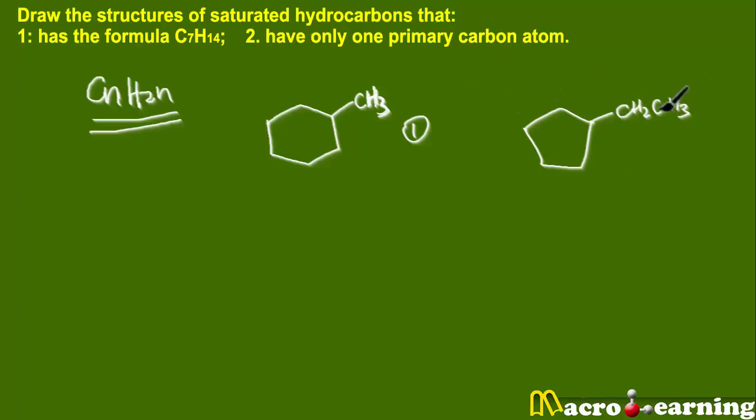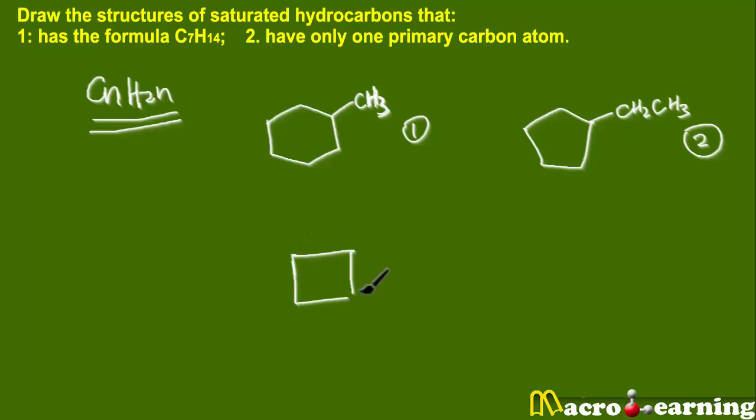This is the only way to ensure you got 1 primary carbon in the structure of the cyclopentane based structure. So that's it for 5-member ring structures. That's the only possibility.